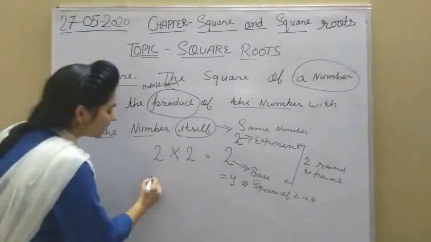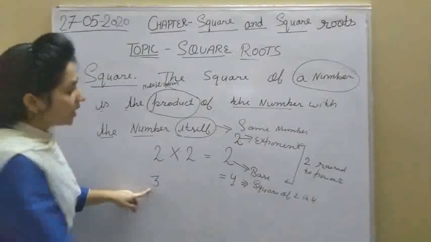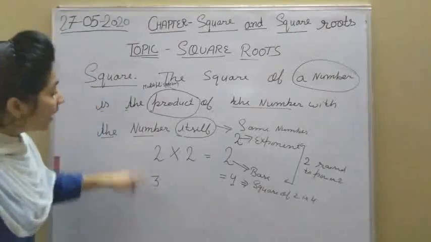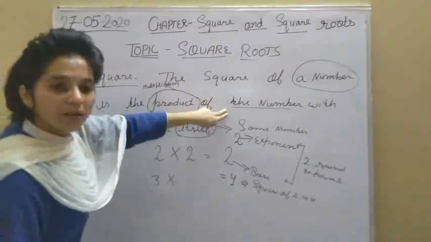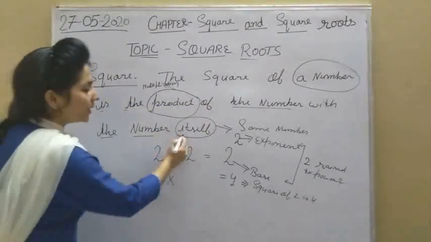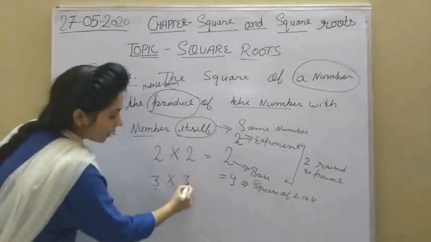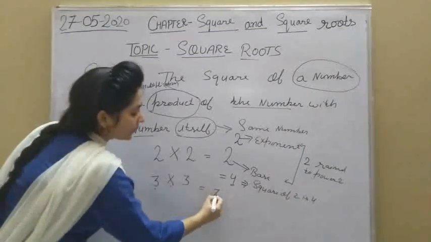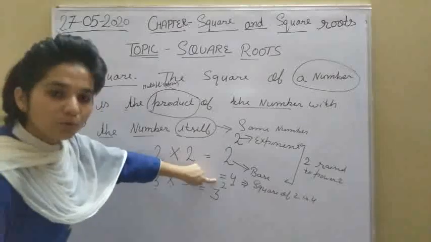Let's take another example. We have a number 3. अब हमारे पास जो नंबर है वो क्या है? 3. And we will take the product of the number with the number itself. We will take its product by the same number. So the result obtained is 3 raised to power 2.